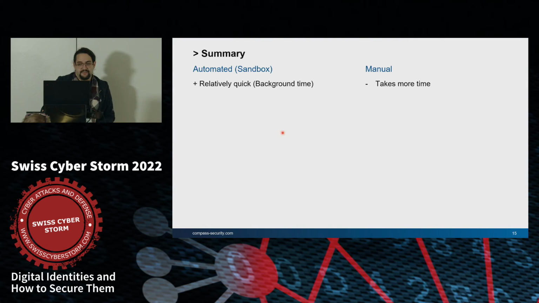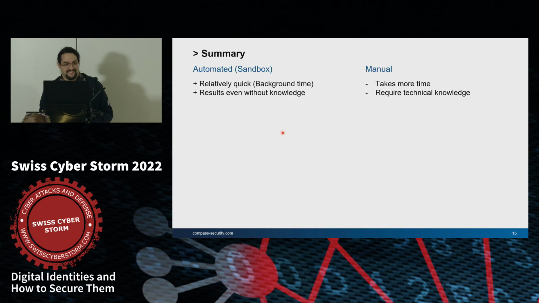Of course, we are not machines. With an automated solution, you can have results even without knowledge. So maybe you can have someone doing triage, just put files there, look at the results. If the results seem malicious or you're not sure, you might want to do some manual analysis on this. Otherwise, you might just leave it there.